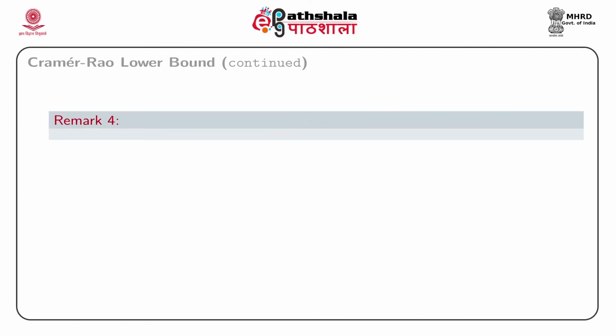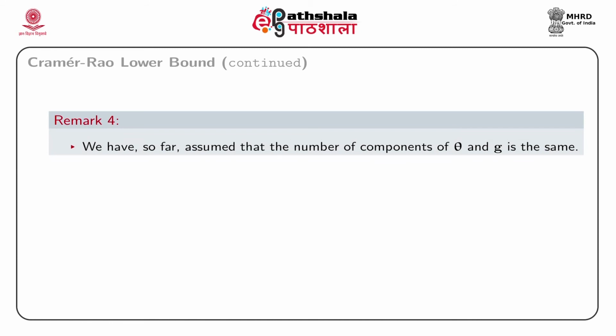In the above theorem, we have assumed that the dimension of the parameter is the same as that of the vector of functions that we want to estimate. This need not be the case.